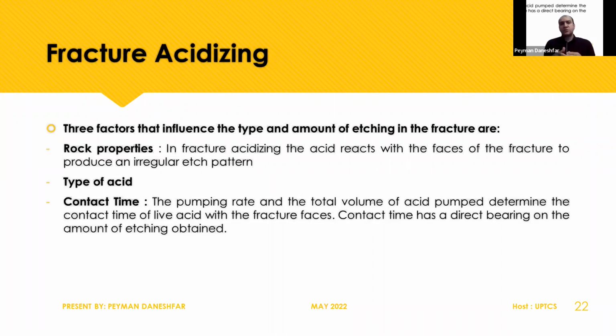And also the type of acid that we use, because fracture acidizing is almost every time used in carbonate formations, and our acid may be HCl acid, okay? And another one is the contact time.